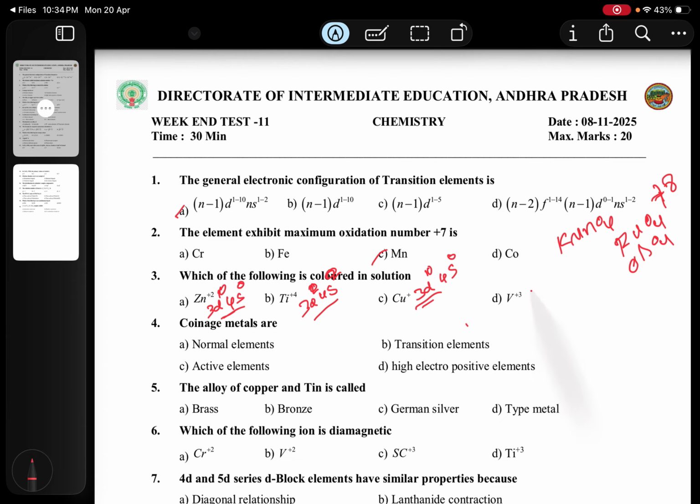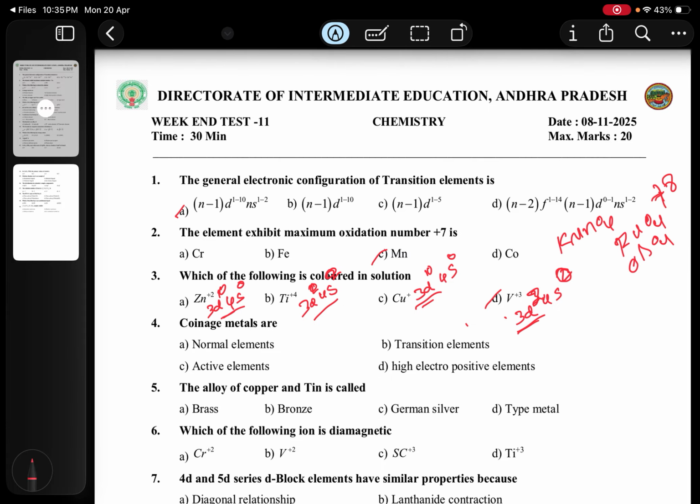Next, vanadium. Atomic number of vanadium is 23, so 3d3 4s2. Plus 3 means first it loses 2 electrons from the 4s orbital and 1 electron from the d orbital. So 3d2 configuration. It contains 2 unpaired electrons, so it exhibits color. So the ions which contain unpaired electrons in the d orbital exhibit color due to d-d transition.